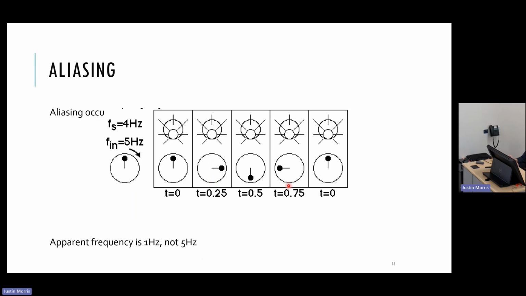Because we're seeing these same exact samples as before. So this is what we're calling aliasing.